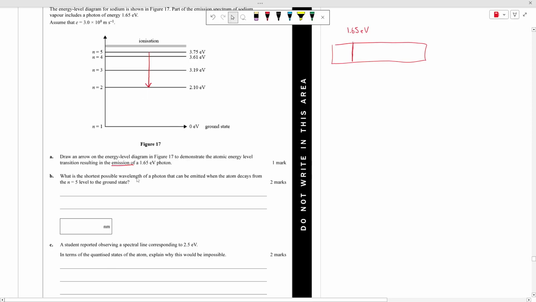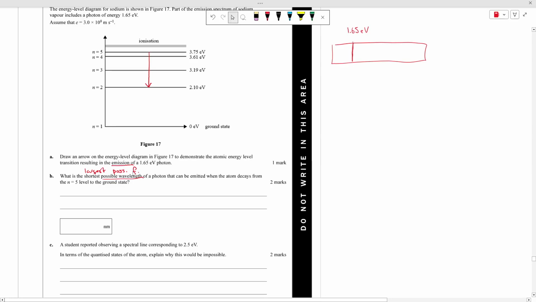What is the shortest possible wavelength of a photon that can be emitted when the atom decays from the n equals 5 level to the ground state? So the shortest possible wavelength means also the largest possible frequency, okay, because they're inversely proportional to one another. So what is the largest possible frequency?